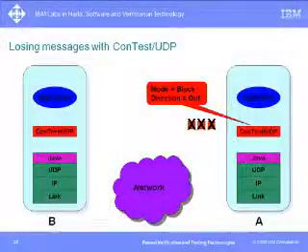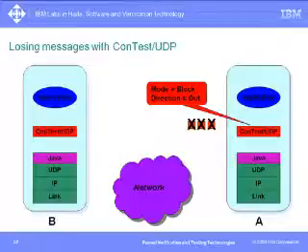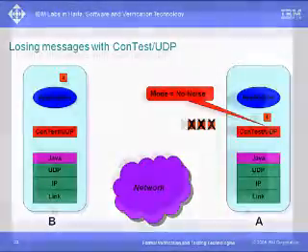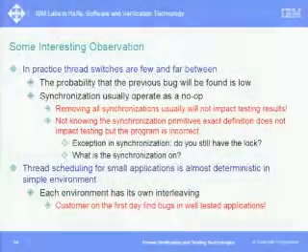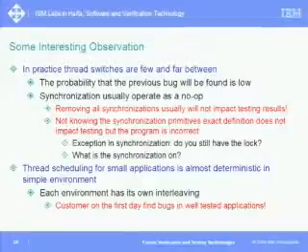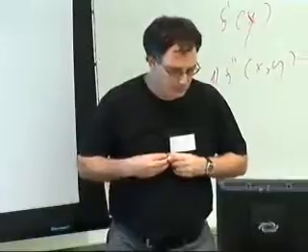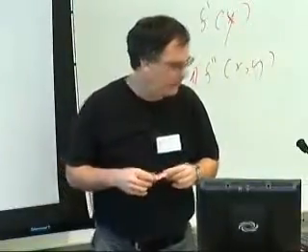In UDP/IP, you could have messages arriving in a different order. You could have the messages arriving multiple times, and you have to make sure that your environment is happy with that, and that doesn't happen all that often in a real environment.